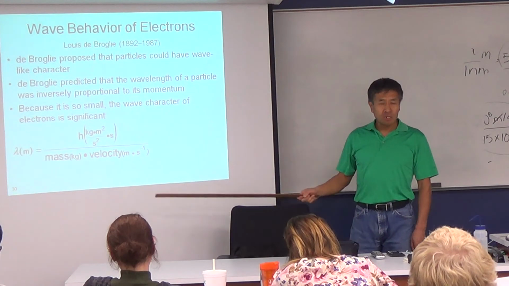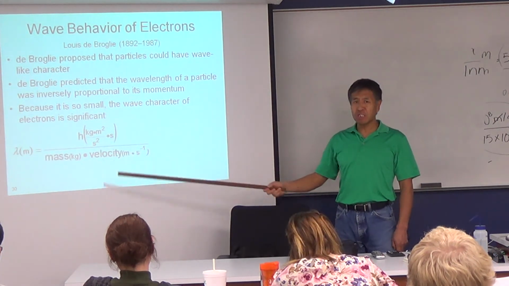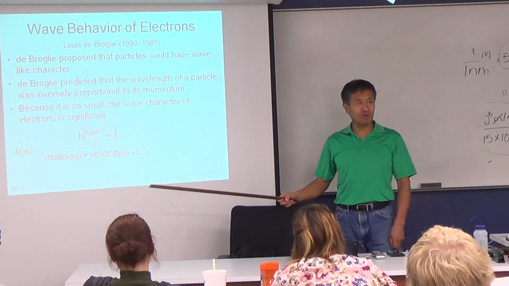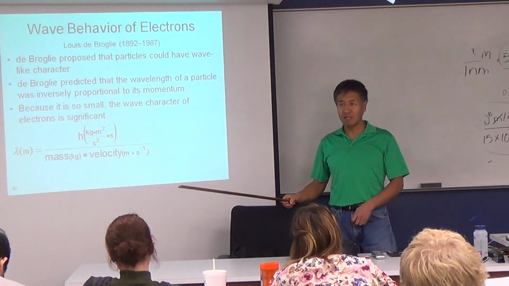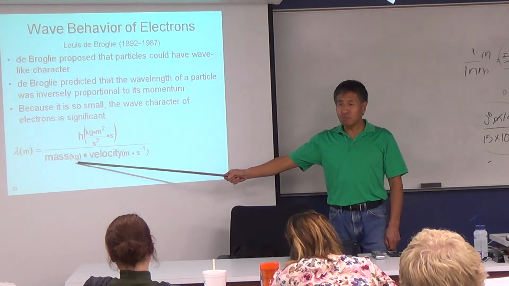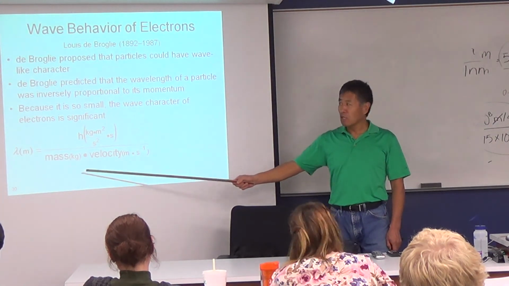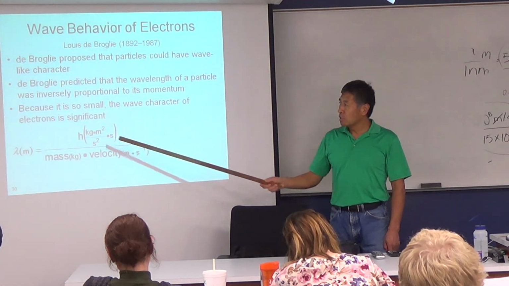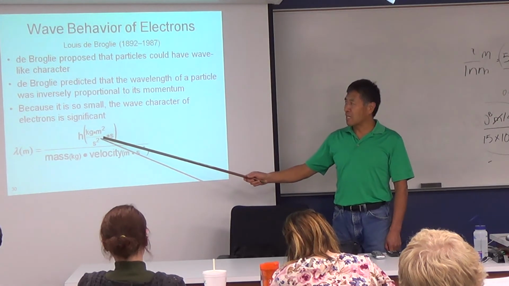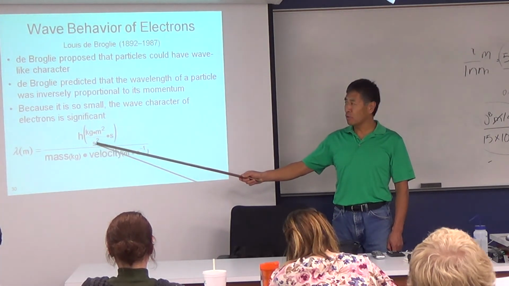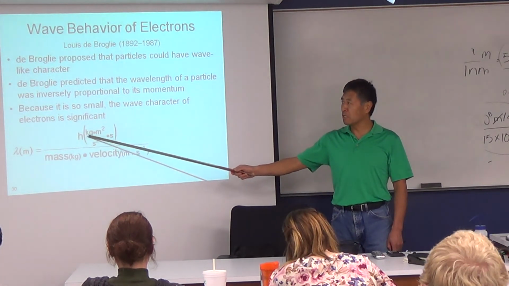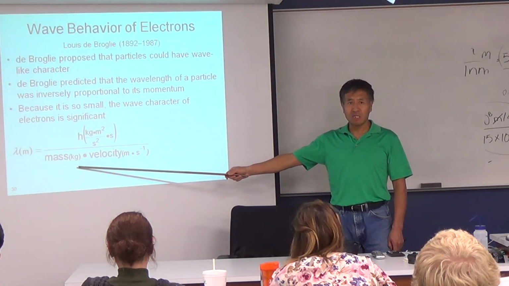Do you know what h is? h is the Planck constant, 6.626 something times 10 to the negative 34 joule times second. Then just be careful with the mass. You know that a joule comes from a kilogram times meter squared divided by second squared. So you have to use kilograms for mass.